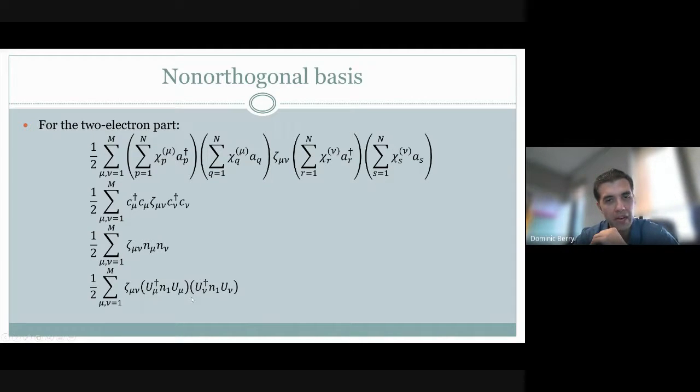So each of these parts in the sum is going to be a parallel part in the superposition, and you can deal with these independently. And that means that you can do individual rotations to these individual orbitals in this C basis without worrying about the other orbitals in the C basis.